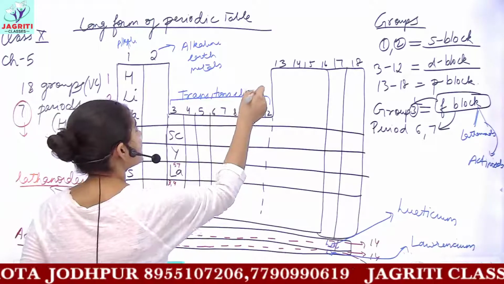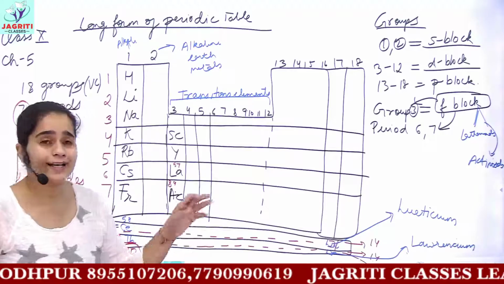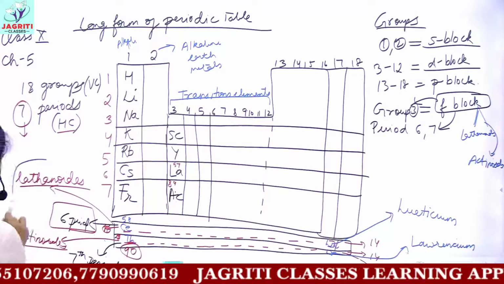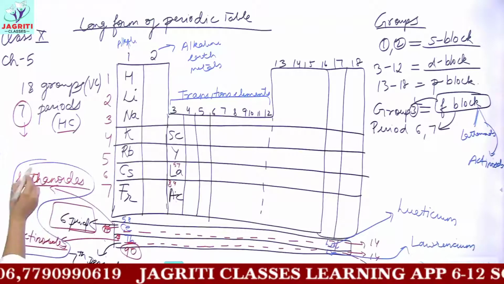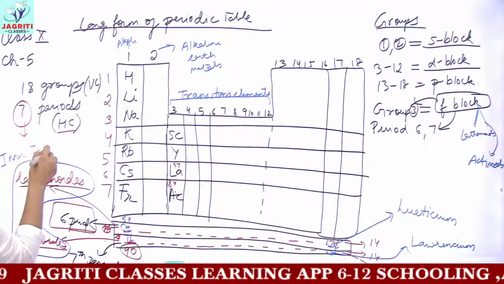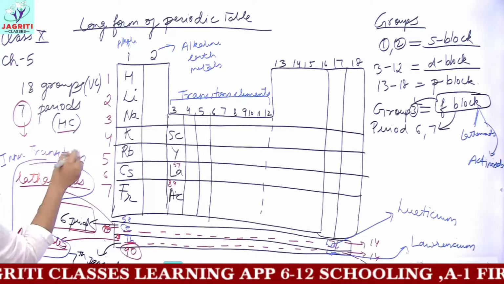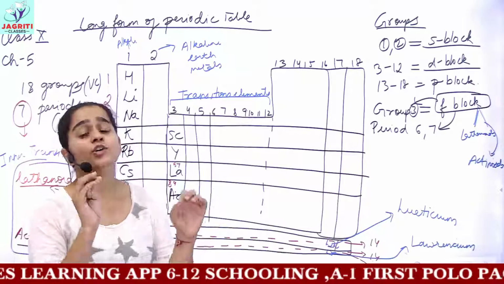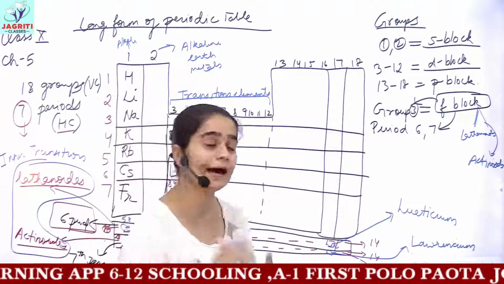In your higher classes, you will learn the reason why these are called transition. The F block, lanthanoids and actinoids combined, is called inner transition elements. Why these are known as inner transition elements and why the D block is known as transition elements, you will get to know in your higher classes.